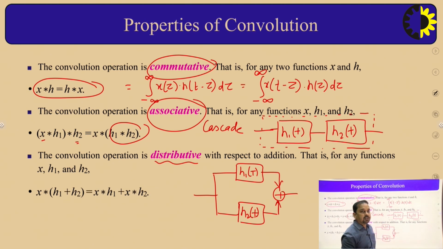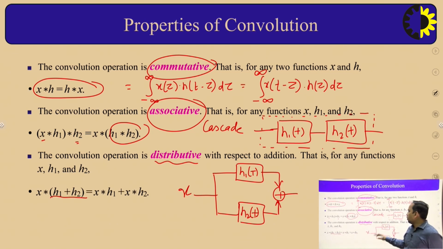Here the overall impulse response of the system will be the addition of the two, h1 and h2. So I can have x convolved with h1, x convolved with h2, and perform the addition over here. These are the properties of convolution.